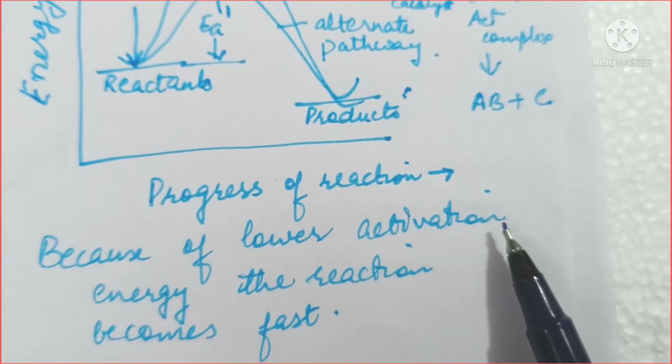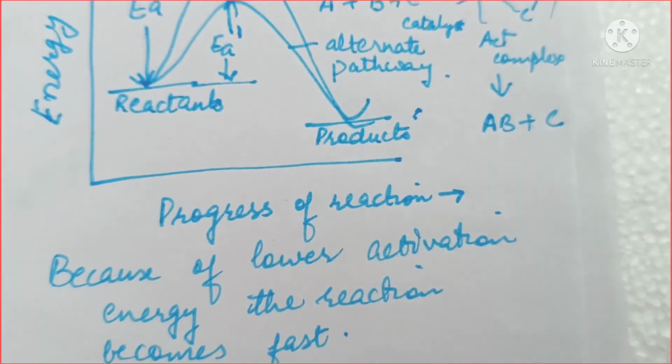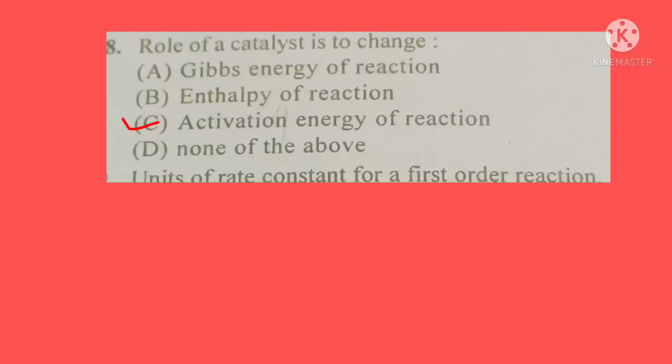Because of lower activation energy the reaction becomes fast. So the option is option C, activation energy of reaction. Role of a catalyst is to change the activation energy of reaction.